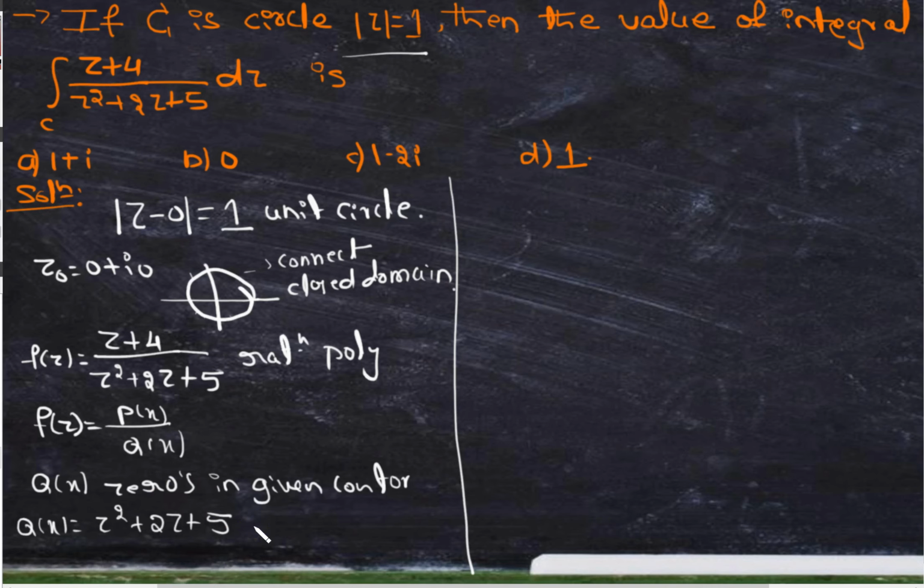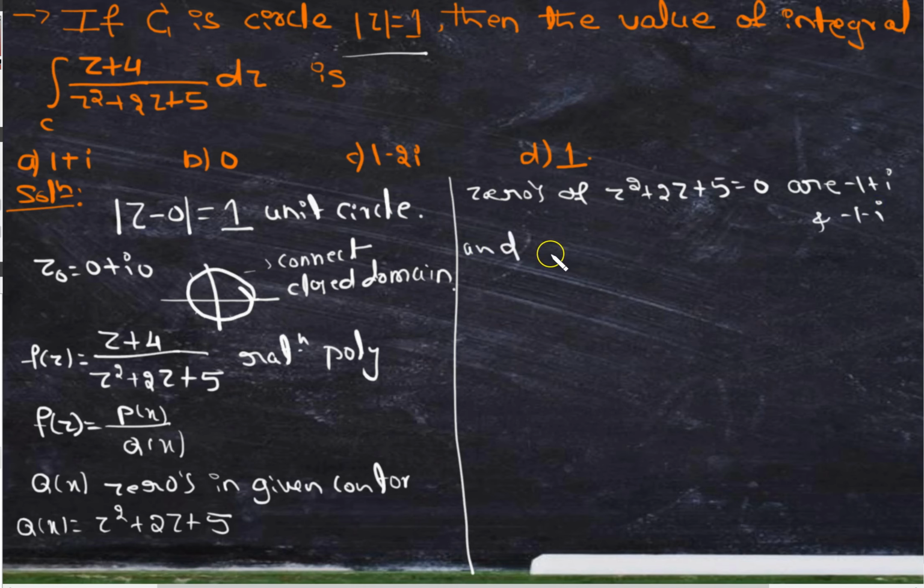Now we check the zeros of that function q(x). The zeros of z square plus 2z plus 5 equal to 0: you solve that and you get minus 1 plus i, and one more, minus 1 minus i, two points.